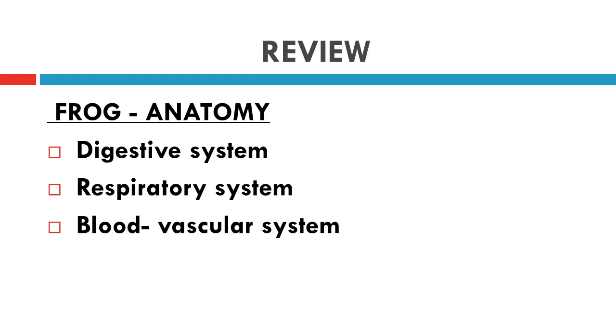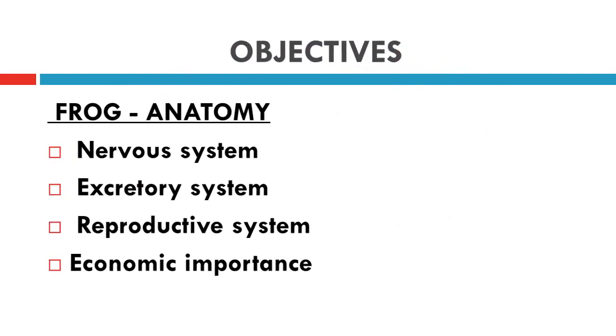Fine. And in today's class, of course, we are going to discuss the rest of the systems of frog, that is nervous system, excretory system, reproductive system as well as the economic importance of frog also. Clear? Let us see one by one.